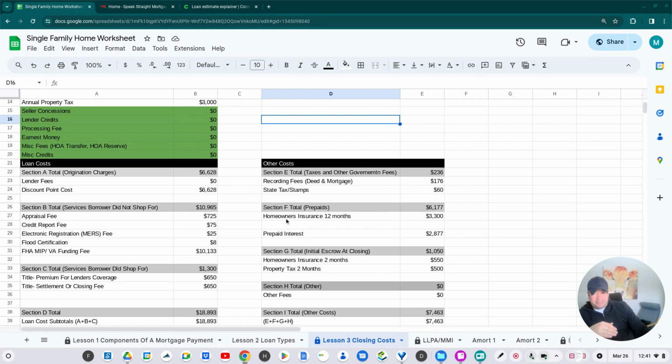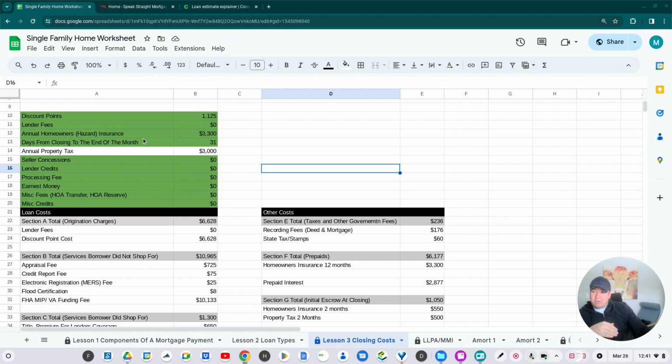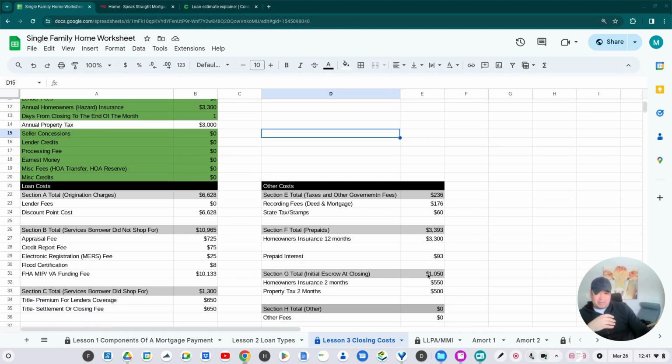So that's itemized here. Prepaid interest, remember when we showed that if we're closing at the beginning of the month, this is more expensive. You can see that it's $28.77. If we closed at the end of the month, one day before the next month, you can see it is $93. So that influences out-of-pocket cost when you close in the month.